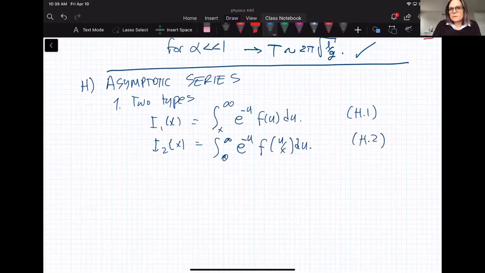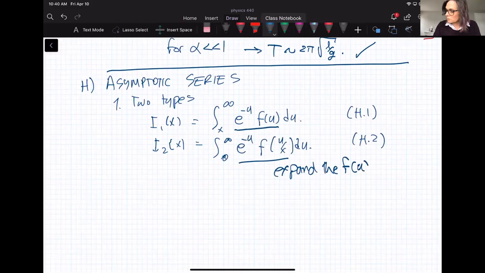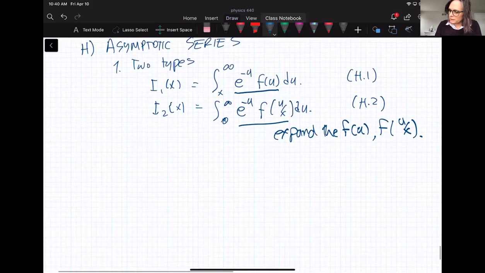And our job is to recognize these and expand the functions. So we want to expand the f of u or f of u over x. What we want is an asymptotic expansion.